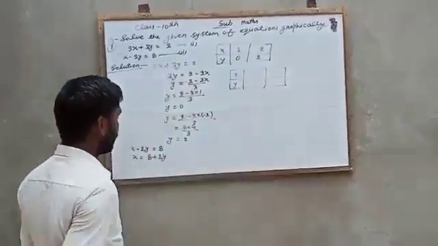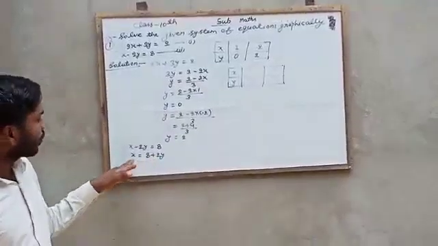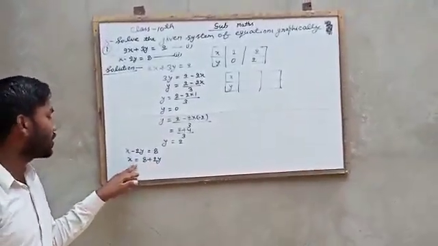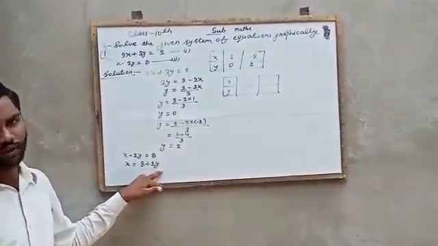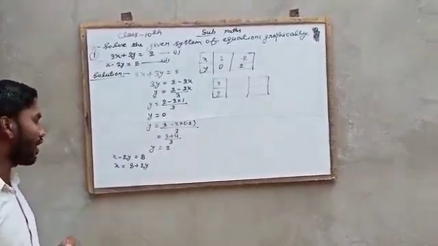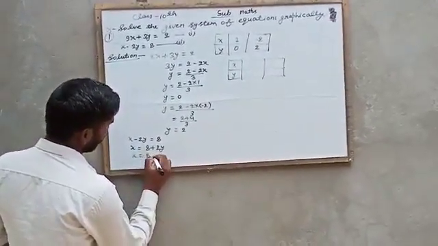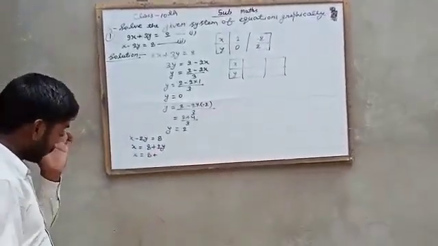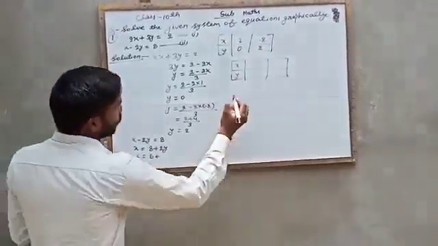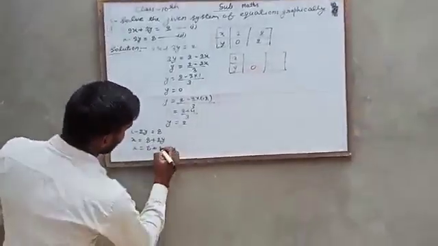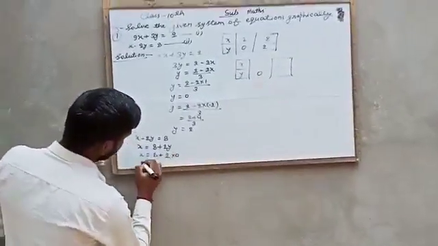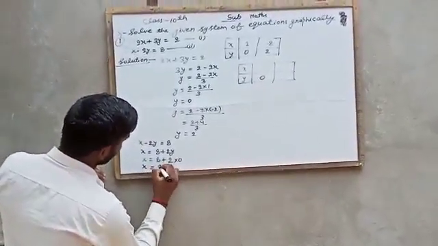Here x and y. This time we have written x is equal to 8 plus 2y. So we will put the value of y. So x is equal to 8 plus 2 into 0, we put y is equal to 0. So x is equal to 8.